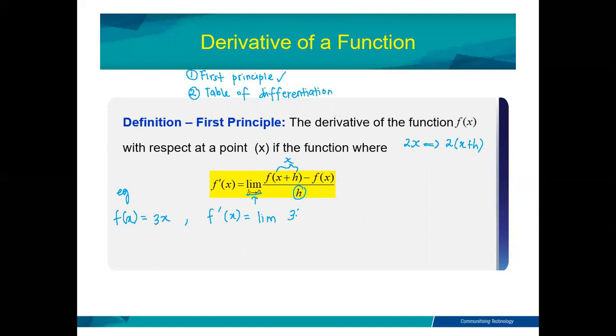It will be 3 times x plus h, minus f of x, which remains 3x, over h, when h approaches 0. So what do we do next? We simplify.